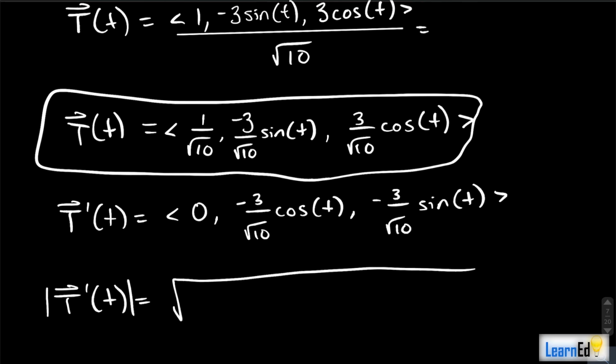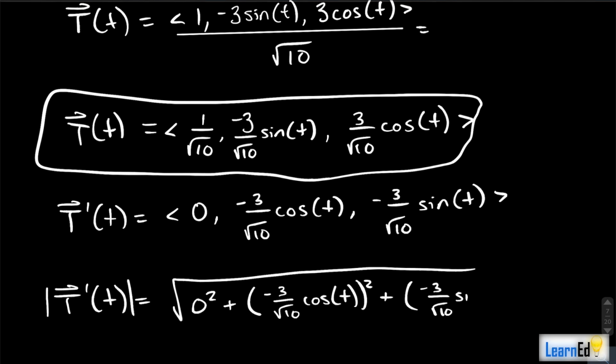Square root of the sum of the squares, we have 0 squared plus a negative 3 over rad 10 cosine of t squared plus a negative 3 over rad 10 sine of t squared.